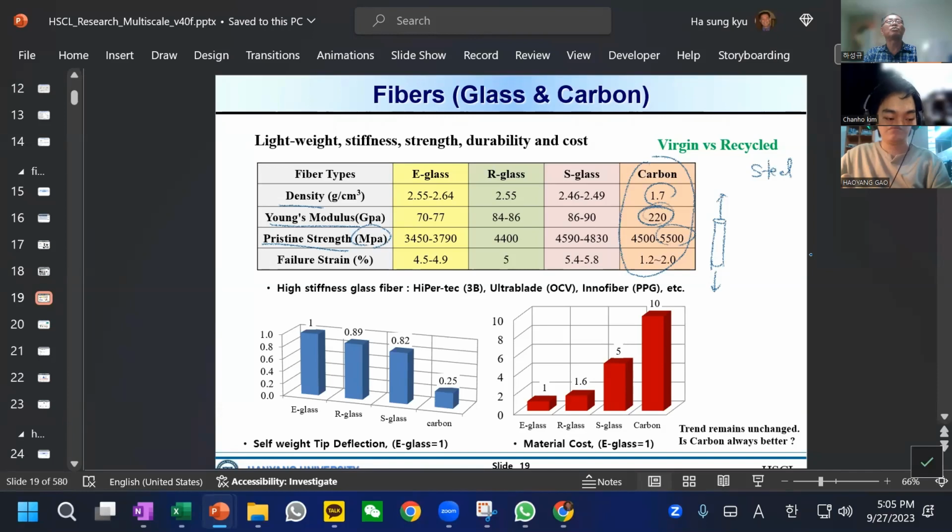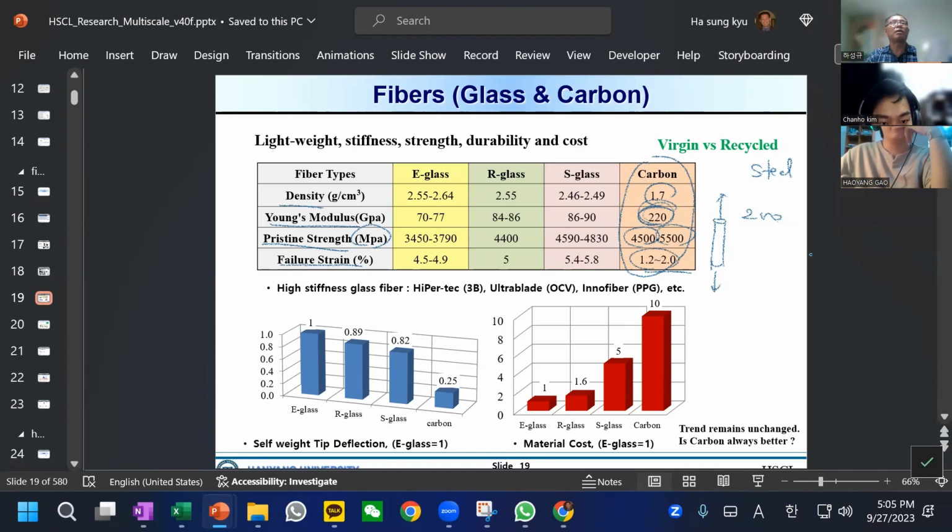Steel is about 200 gigapascal. Fiber alone, the Young's modulus is higher. And failure strain is also important. Failure strain, you can simply divide the strength by the Young's modulus, giving us the failure strain.